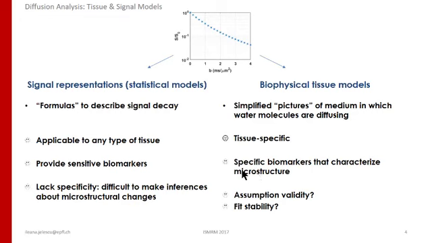However, their promise is really to bring specific biomarkers that characterize the microstructure, as opposed to these signal representation biomarkers. The problem with these models today, but we're working on solving those, is the validity of the assumptions that we're making when we're drawing these simplified pictures, and also the fit stability when doing nonlinear fitting of this model signal equation to the actual data.